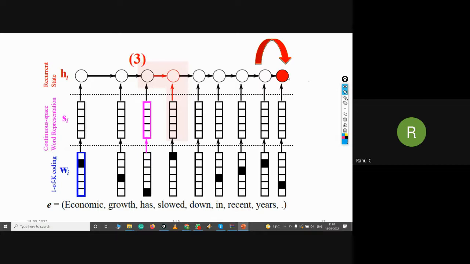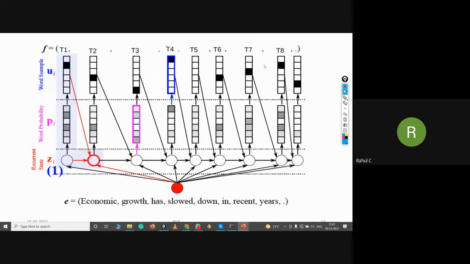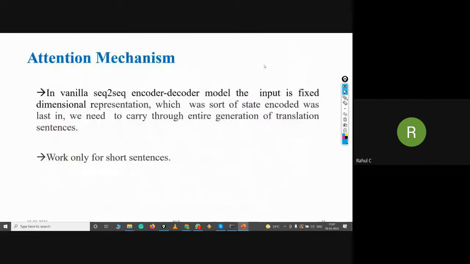So if you can give some weightage to the words, and that weightage can be passed to the decoder, the decoder is able to identify the importance of a word in that situation, and according to that, it can make the translation more efficiently. That is not done in the case of the encoder-decoder model. So that can be incorporated in another mechanism, which is known as the attention mechanism.